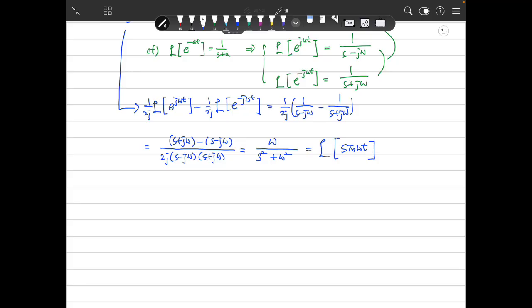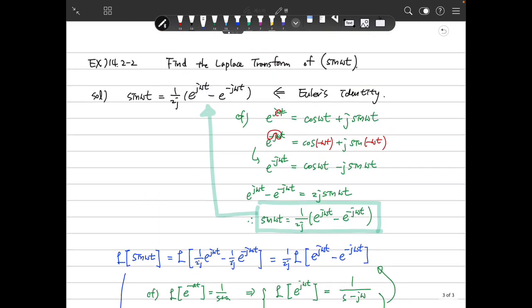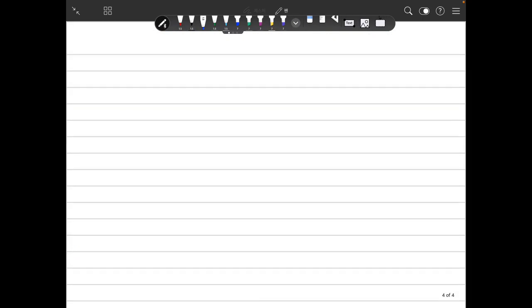Now this is the way to get the fundamental Laplace transform based on the definition of the Laplace transform. So we will derive some more things.